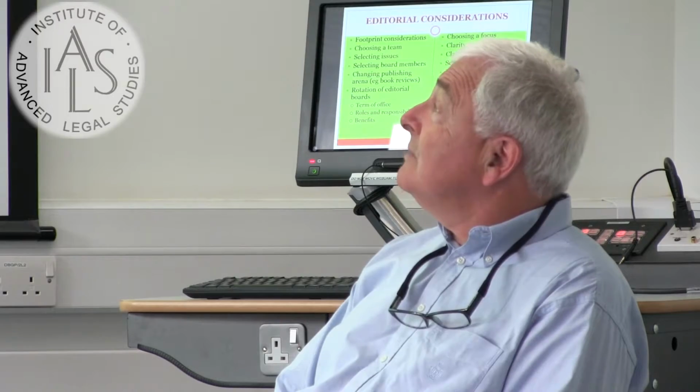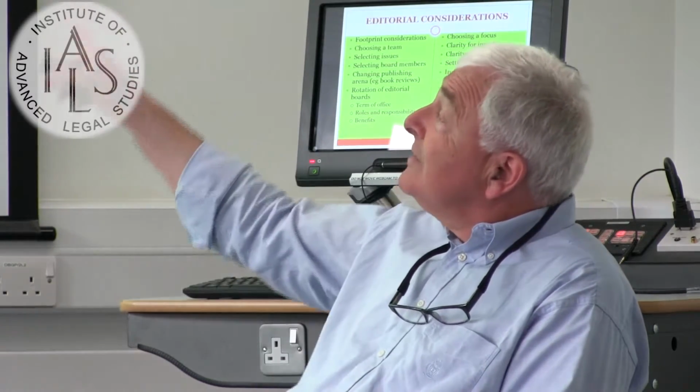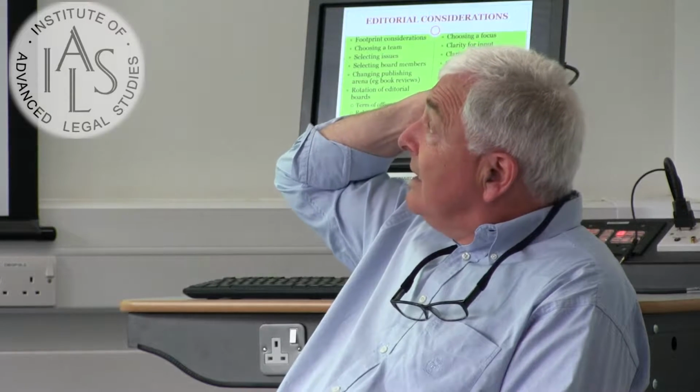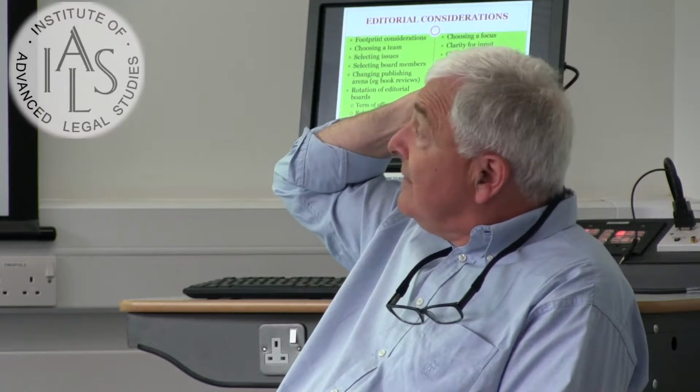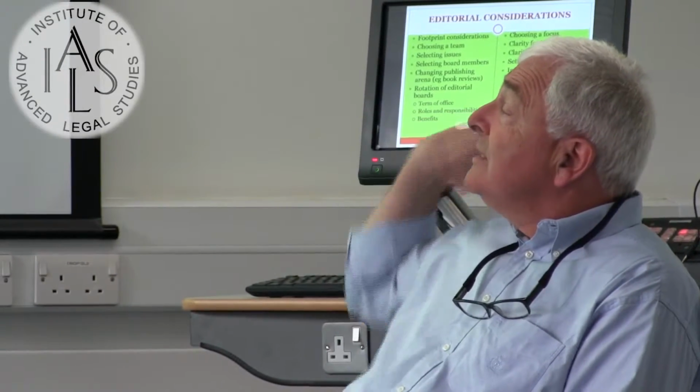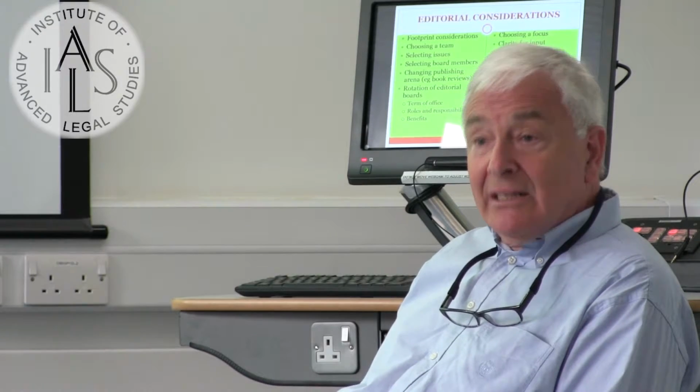happens quite frequently. And all of these others are really about footprint, choosing a focus, clarity of input, clarity of vision, setting boundaries, what to include and not to exclude, and then something which some journals are really good at, advice to authors, but some are dreadful. Mine is dreadful. Every time I look at it, I think it's dreadful. We've got to find another way of expressing this, but we don't.